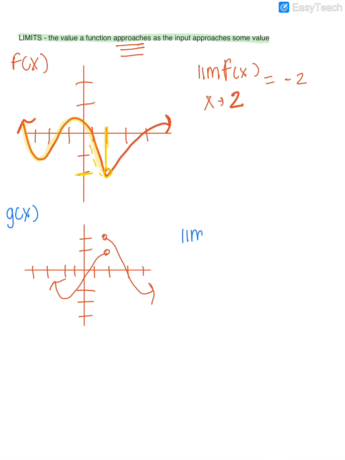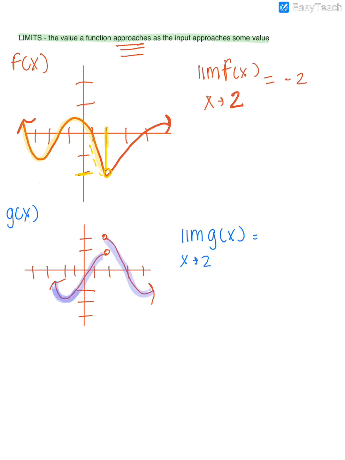So limit of g of x while it's approaching 2. Once again, we're going to use the value of 2. You're following this graph around until it's approaching 2. But then you see that from this side, when it approaches 2, the values are different.